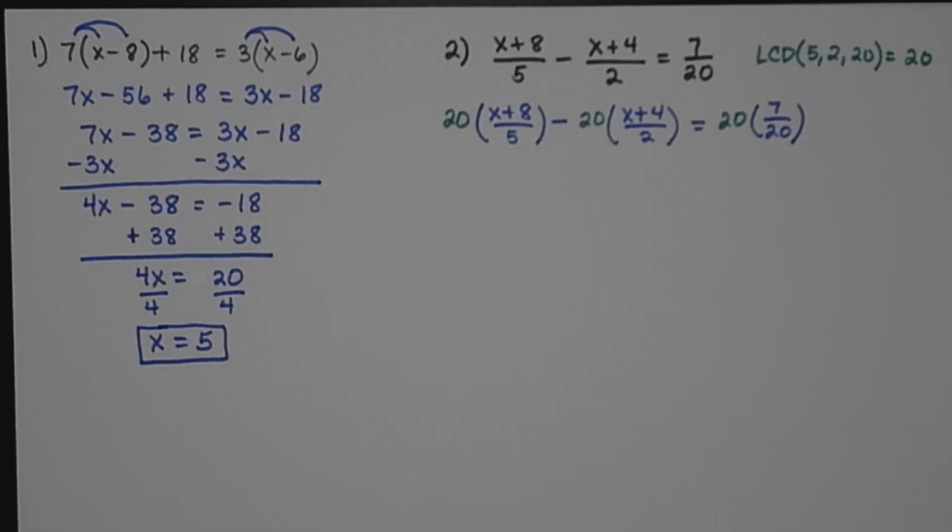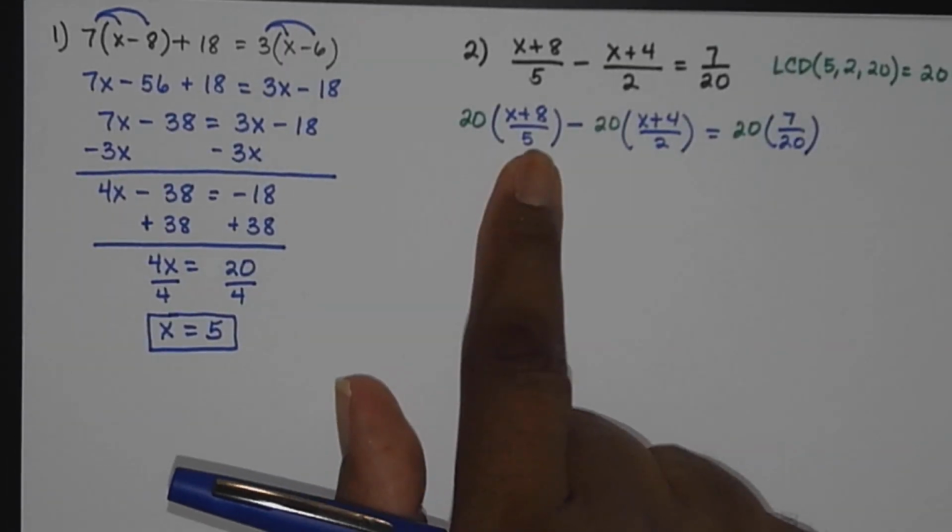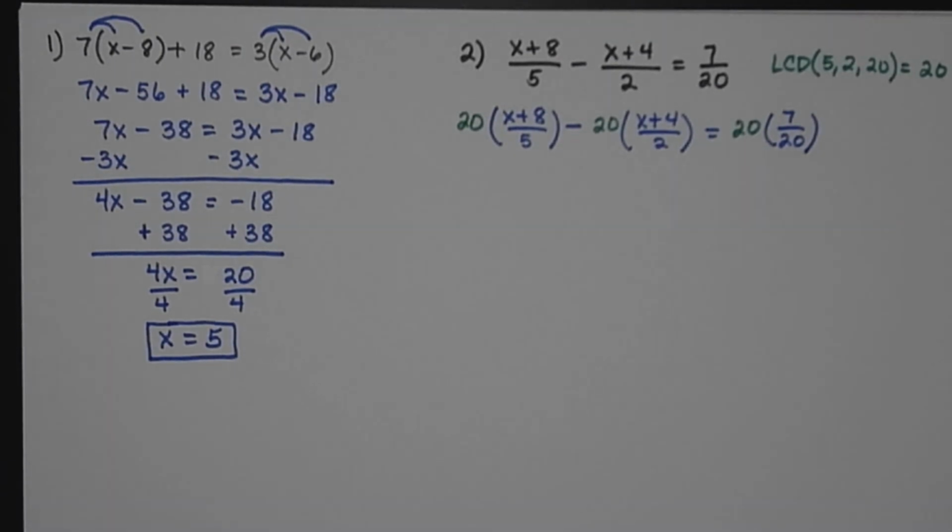Okay, and from here we just simplify by dividing in this term 5 into 20. That would go 4 times.